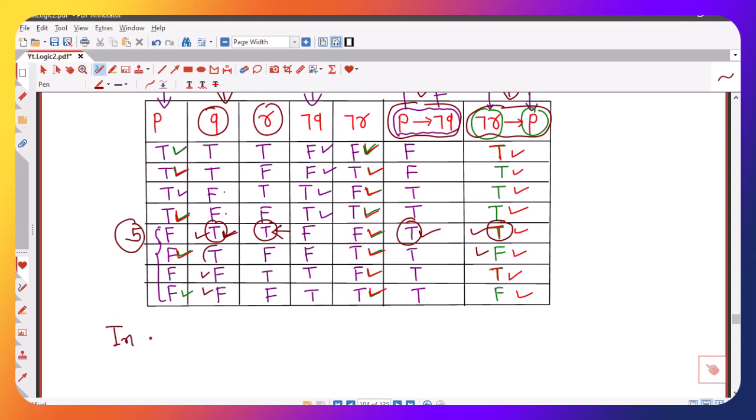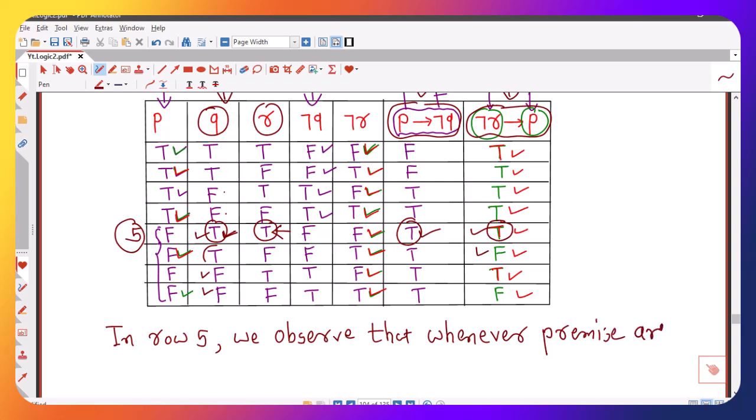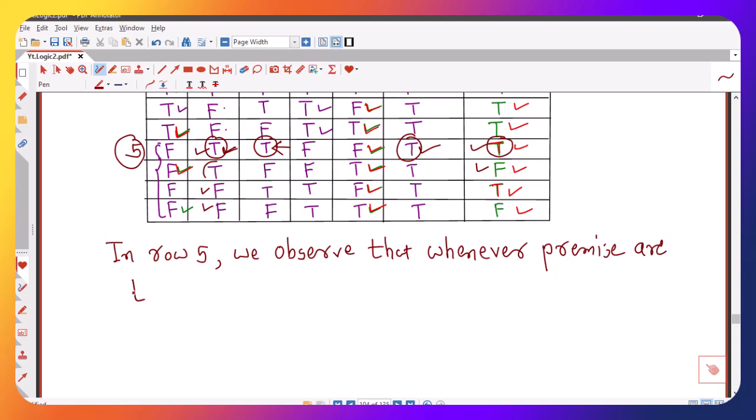So we can write that in row 5 we observe that whenever premises are true, so in that case the conclusion is also true, and this is the only row in which this happens.